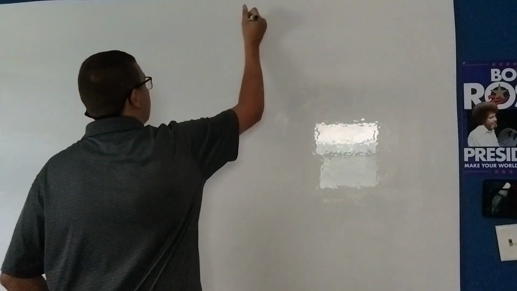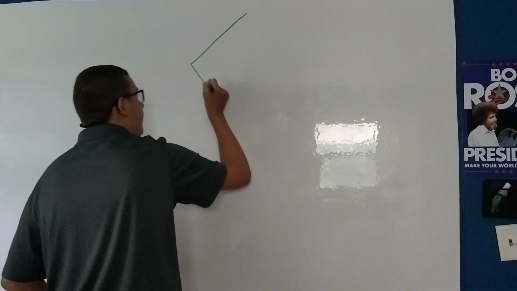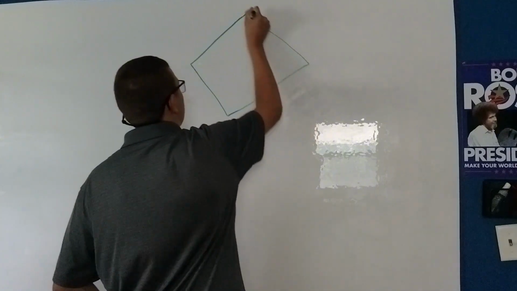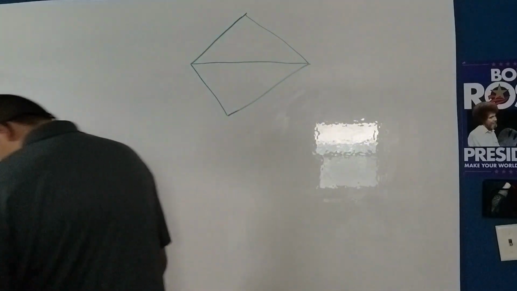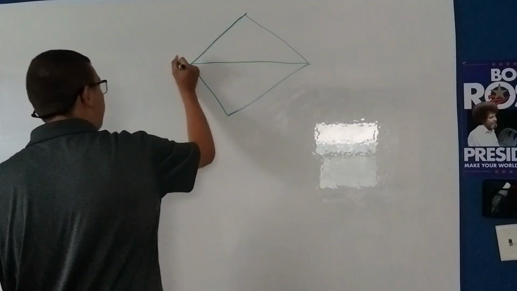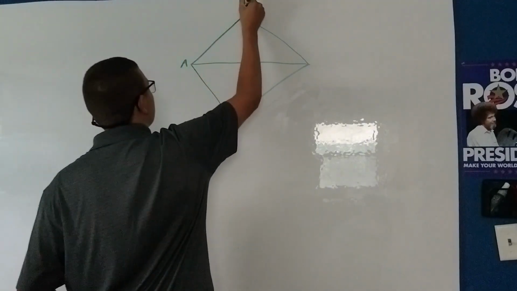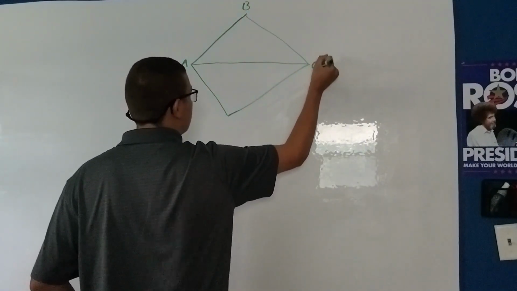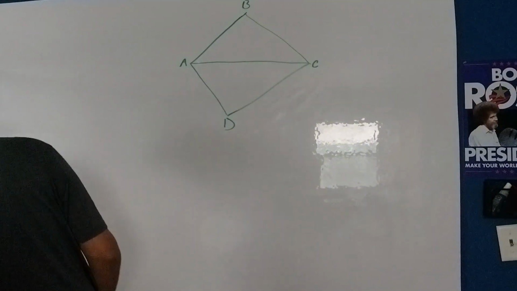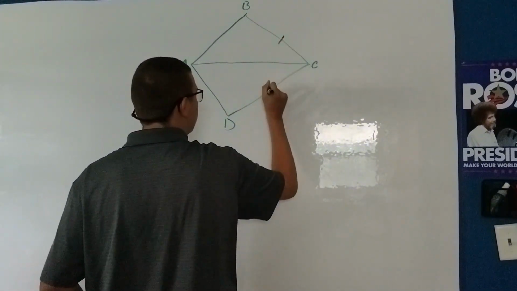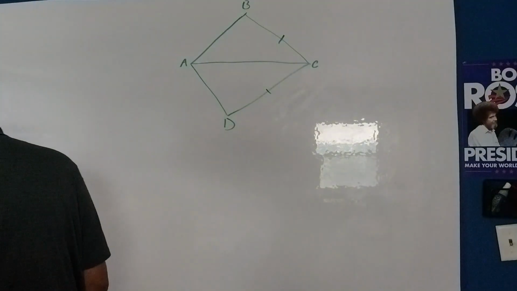Okay, we have this diamond shape. I refuse to say rhombus. Okay, A, B, C, D. And I tell you that these sides are congruent, like that.